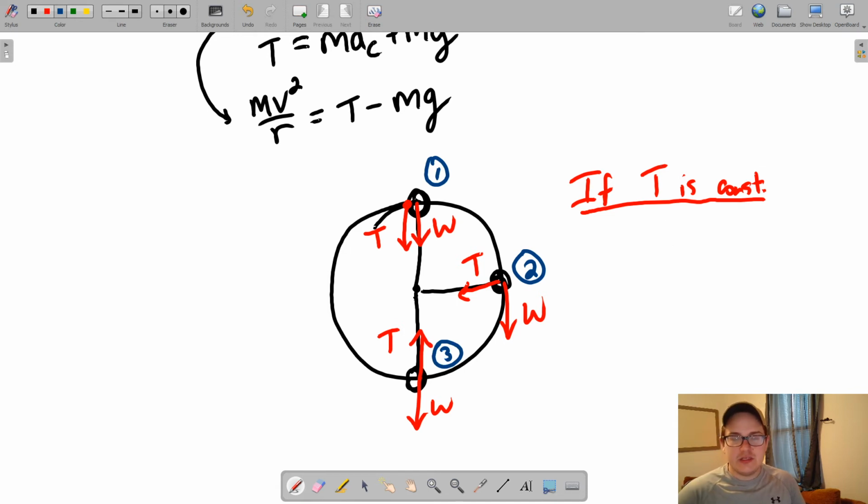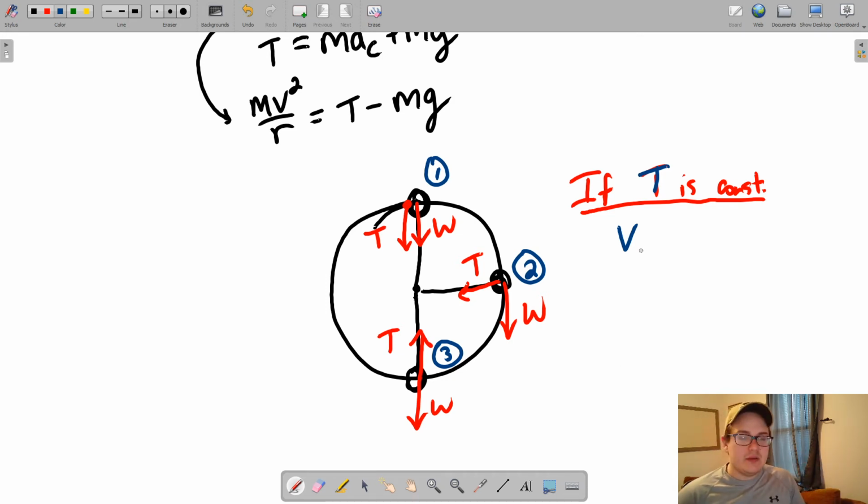If tension is constant in this system, when is the object traveling the fastest? And so what we then say is, at what point is the object allowed to go the fastest without causing other problems like the string breaking?